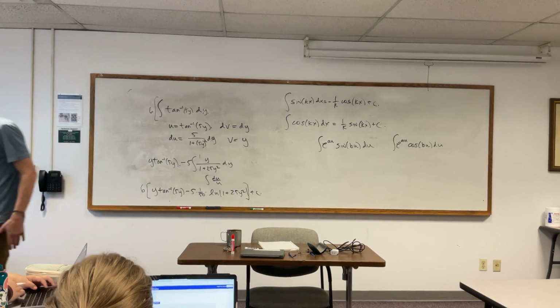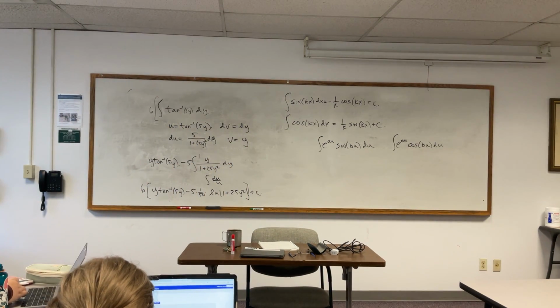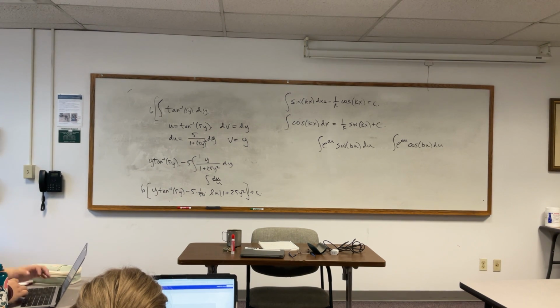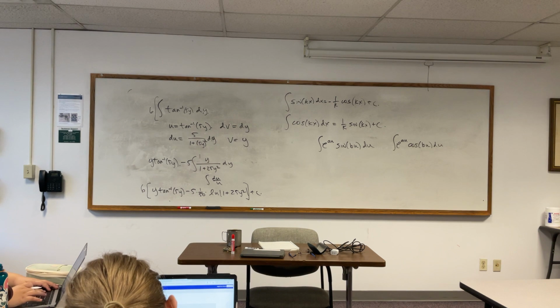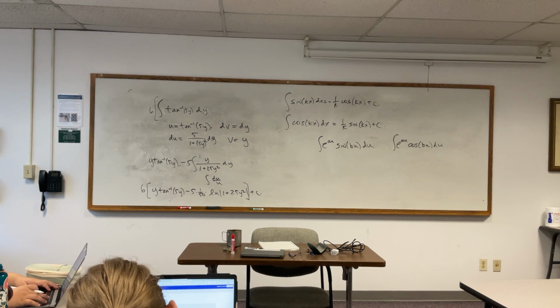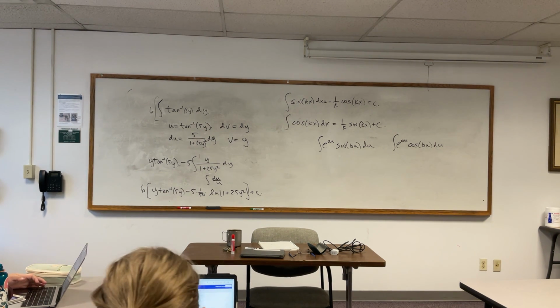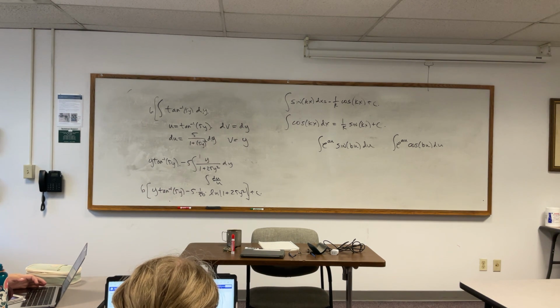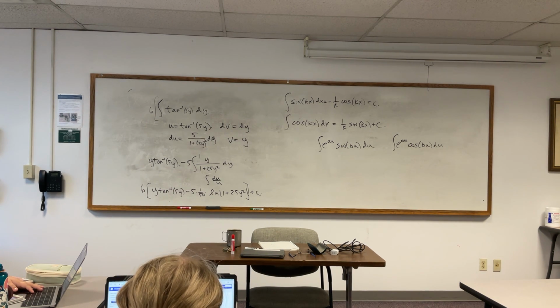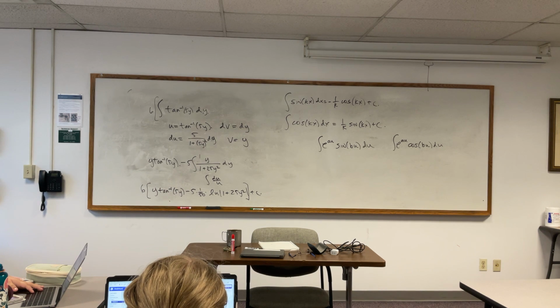Yes, ma'am. So if you use the formula from that problem, you have 3y for your problem. So this is u arctan u, so would it be 3y times arctan 3y? No, can you bring your paper for a second? So I would bring the 6 out in front, right?